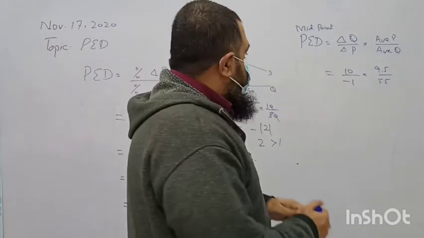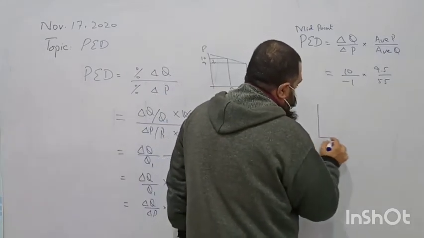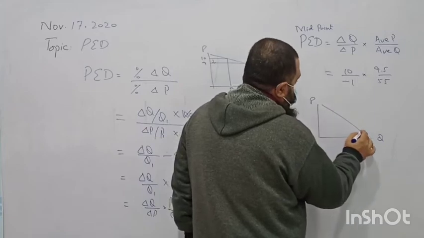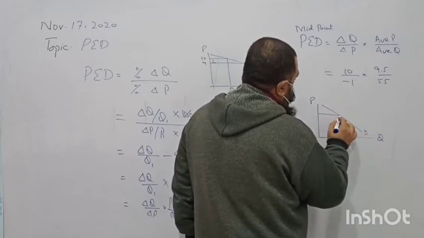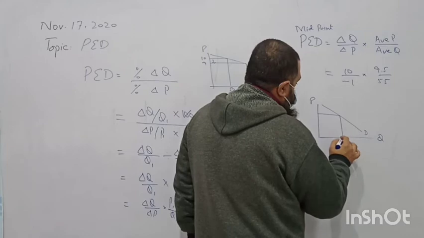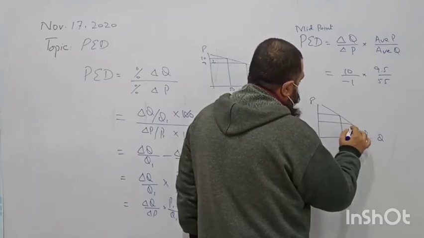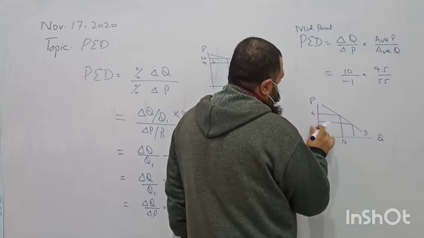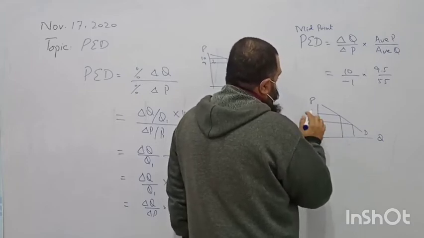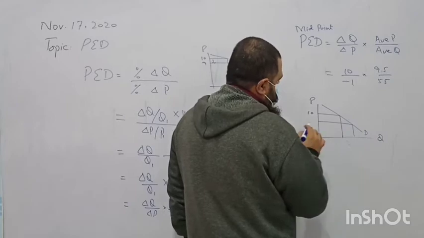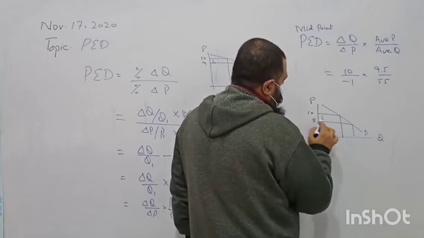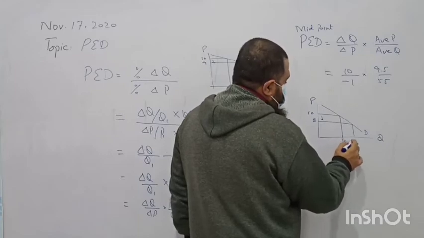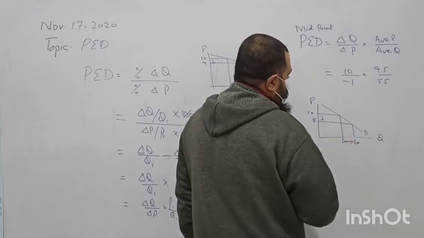Now what will be the price elasticity of demand when we look at this demand curve and the price is going to change? The price is 10, the price goes to 8, and 50 units are demanded, now 60 units are demanded.